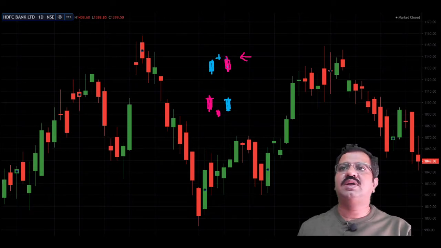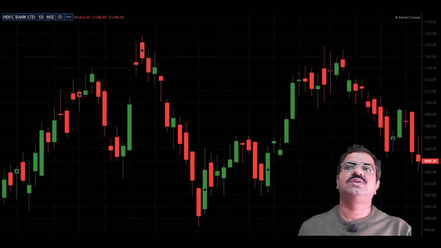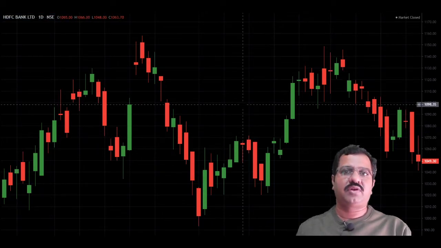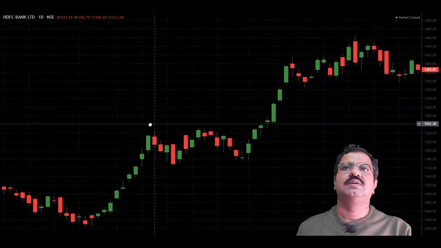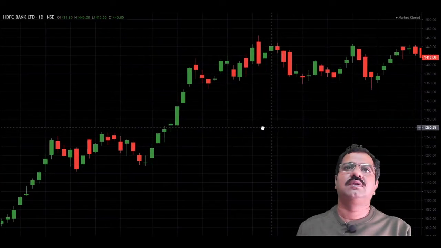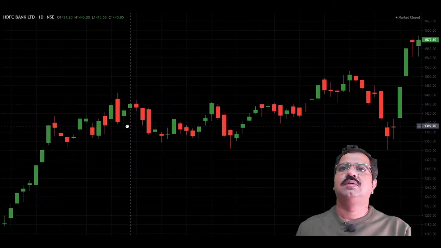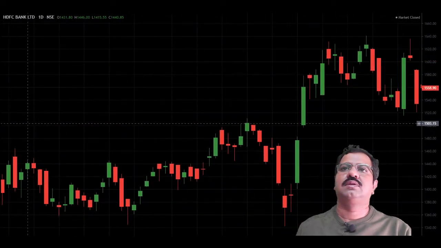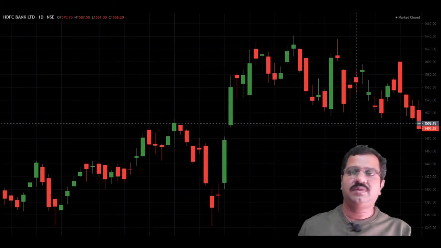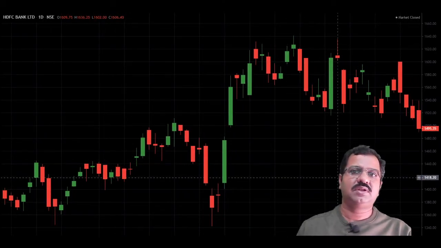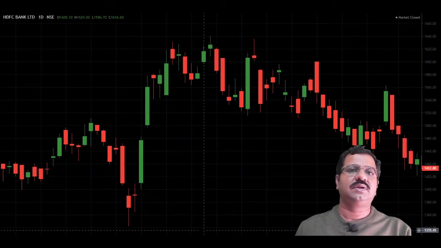So on this chart, let's try to search for some morning star and evening star patterns if we can find them. Okay, this is similar.